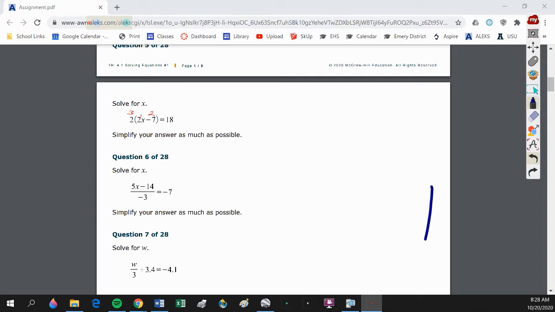How do you undo the first 2? You divide by 2. And 2x minus 7 is equal to 9. Add 7. 2x equals 14. And divide by 2, we get x equals 7.